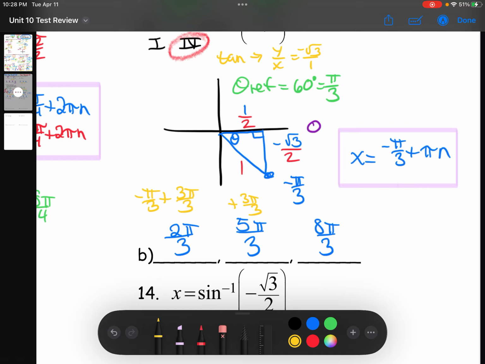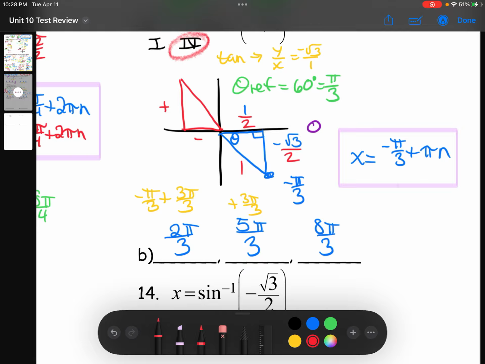Now, that solution 2 pi over 3 is in quadrant 2 because that is the other quadrant where tangent is negative. The x is negative, the y is positive. So tangent being y over x would be a negative value.